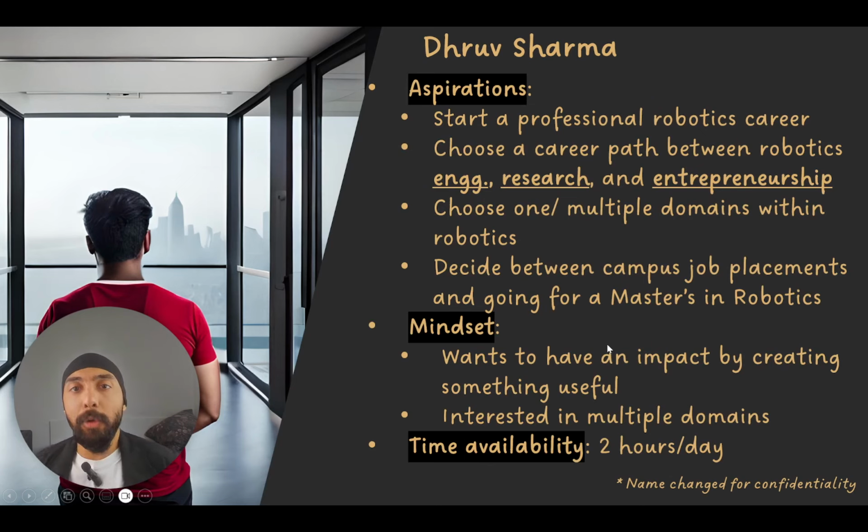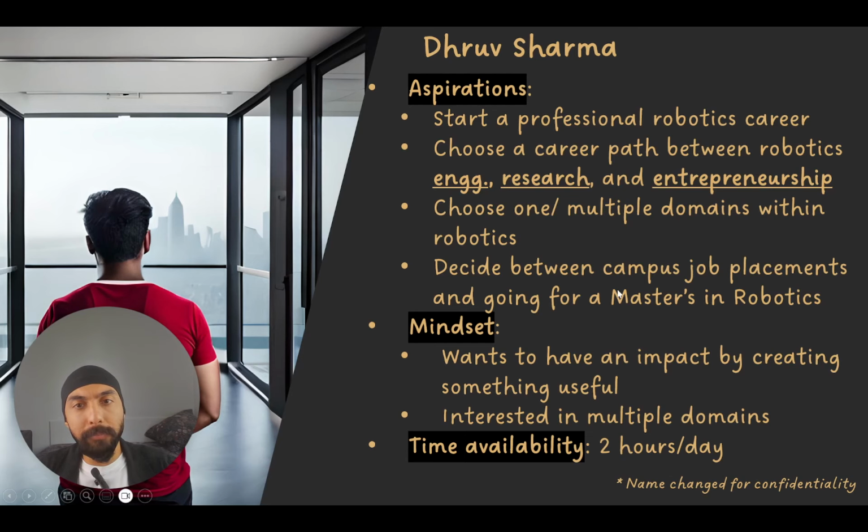So he aspires to start a professional robotics career, and he is confused about a lot of different career paths involving engineering, research, and entrepreneurship. Dhruv is actually 20 years old, and that's why he hasn't experienced a lot of different domains in robotics and AI, and he wants to really gain clarity on these things.